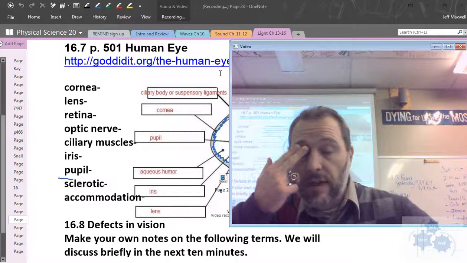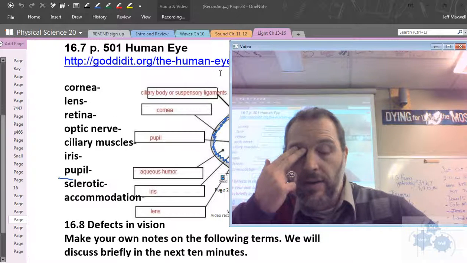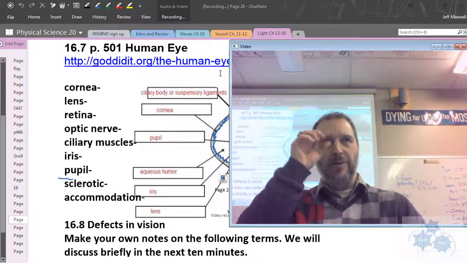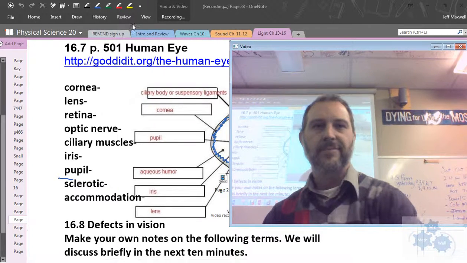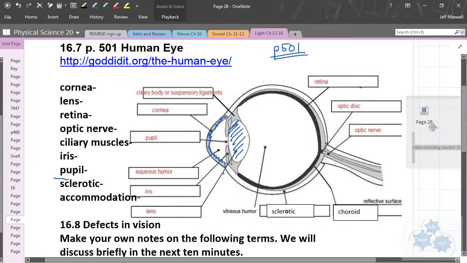I want you to put your 2 fingers on top of your eye, and if you look left and look right, you can feel a lump on your eyeball moving back and forth. Press very lightly, don't hurt yourself, but even if you open up one eye, look left and right, up and down, can you feel that lump on your eyeball there? All right, so this is what we're talking about. We're talking about the cornea right there.